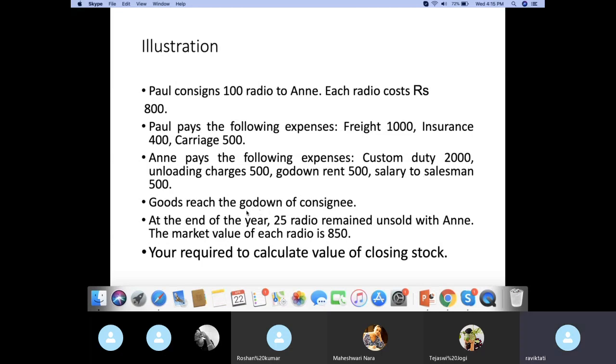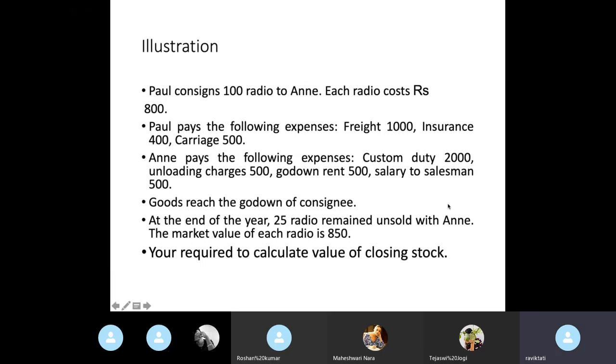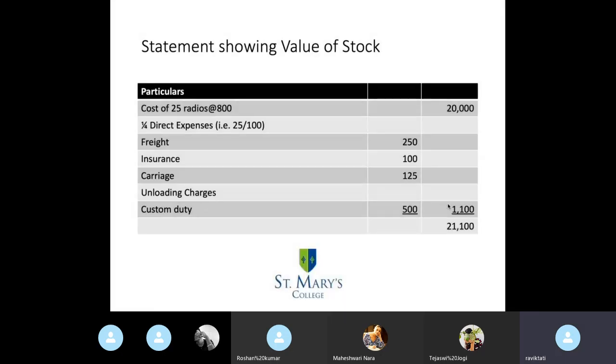Now goods reach the go down. You're required to calculate the closing stock. Each radio is costing 800, 25 radios, 20,000. Now, 25% only is left over. 25% of direct expenses we have to calculate.